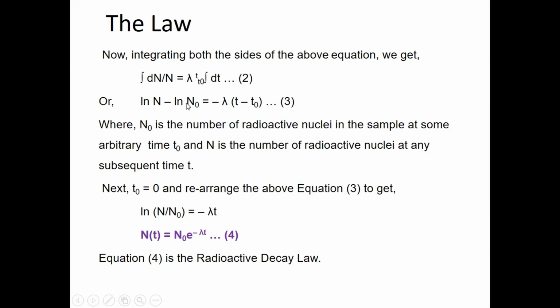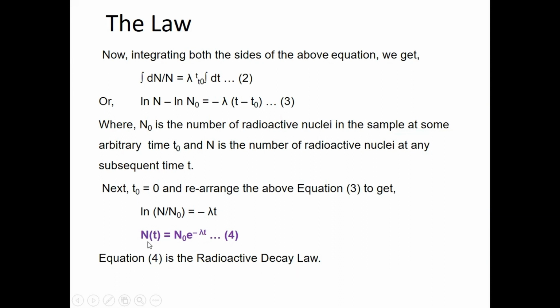We combine these two natural logs, and we find that natural log of N divided by N naught is equal to minus lambda t. Taking the anti-log on both sides, we get N as a function of time equal to N naught times e to the power minus lambda t. This equation 4 forms really the radioactive decay law.